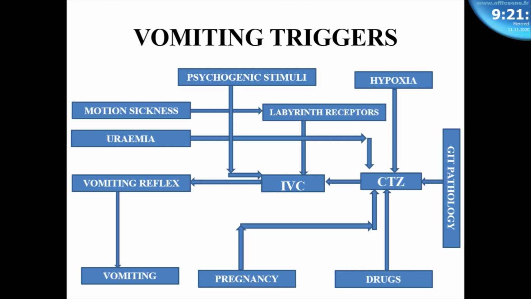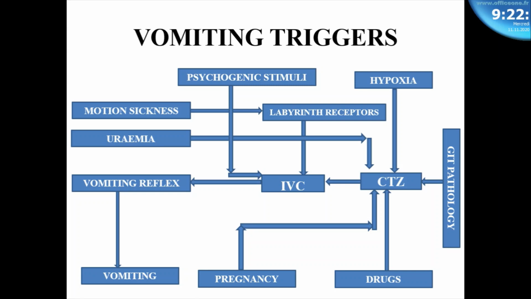The sensory impulses go to the central nervous system along the vestibulocochlear nerve, and through the cerebellum there is stimulation of integrative vomiting center and then vomiting reflex. That is all about motion sickness and vomiting.